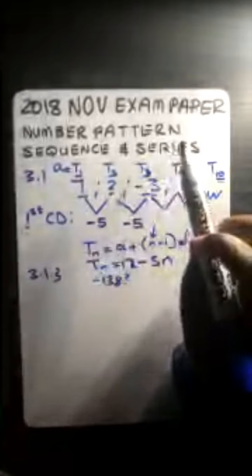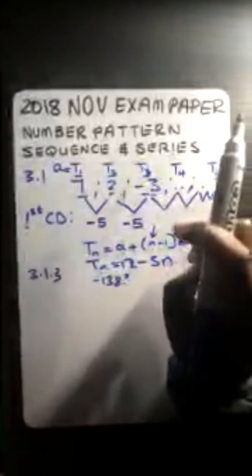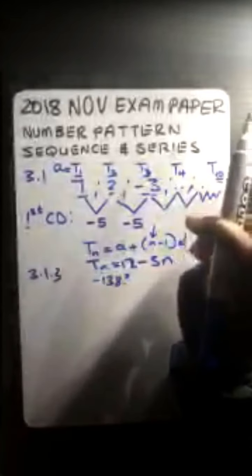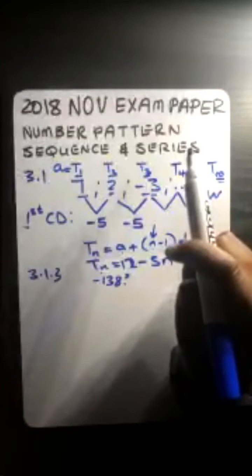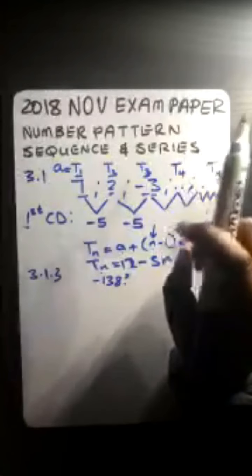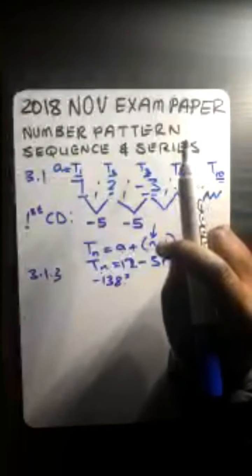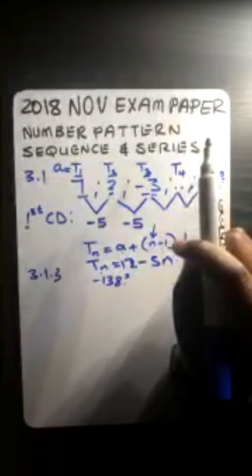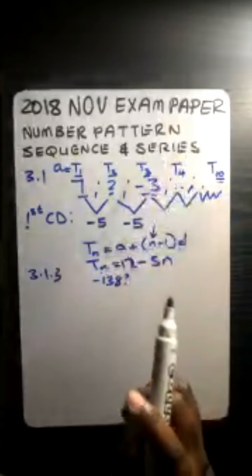But remember, this lesson is being recorded and is going to be posted. So just make sure that, as soon as we're done with this lesson, you check out that question paper and then you can try and redo the questions. So let's see. The question says, which term in the pattern has a value of that?